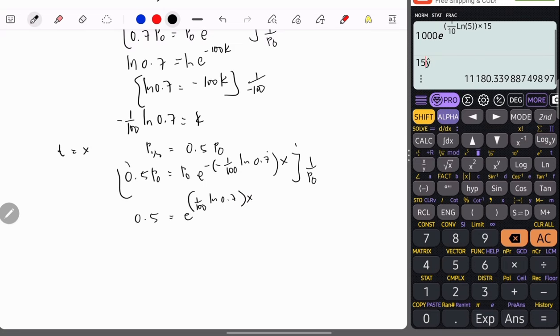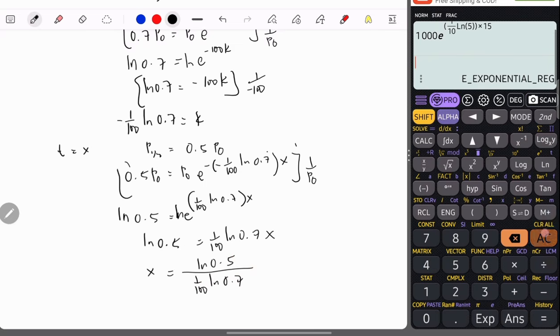Then, to get rid of e, we will use ln both sides. So, ln 0.5 equals 1 over 100 ln 0.7 x. Then, multiply both sides by 1 over 100 ln 0.7. So, we get ln 0.5 over 1 over 100 ln 0.7.